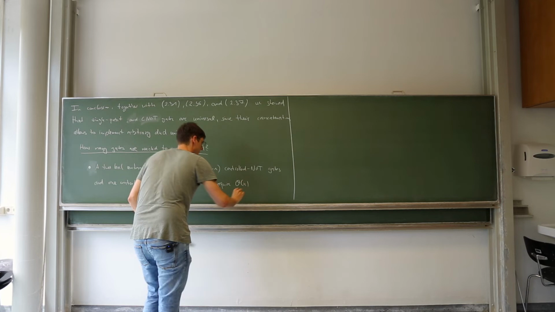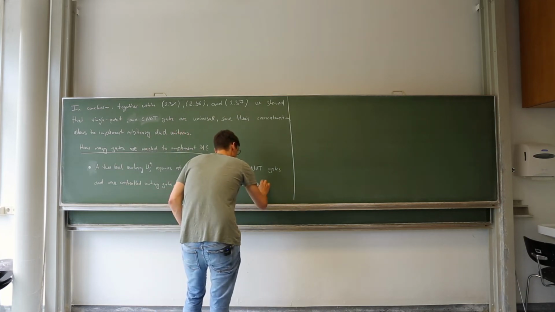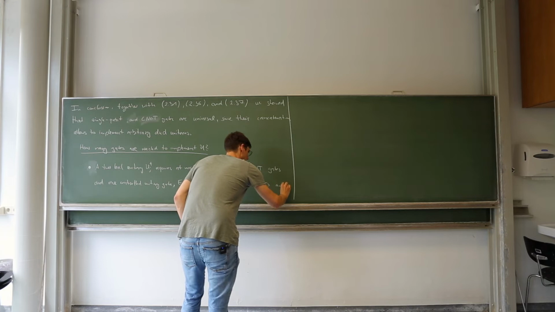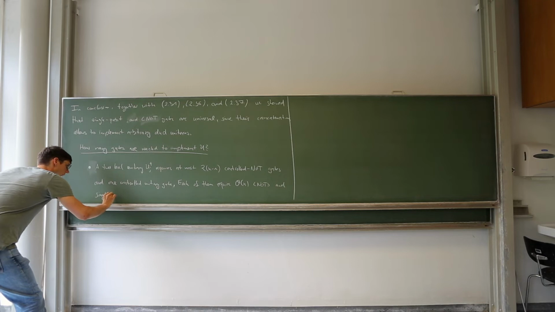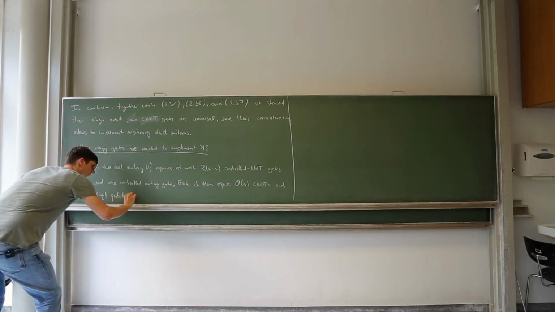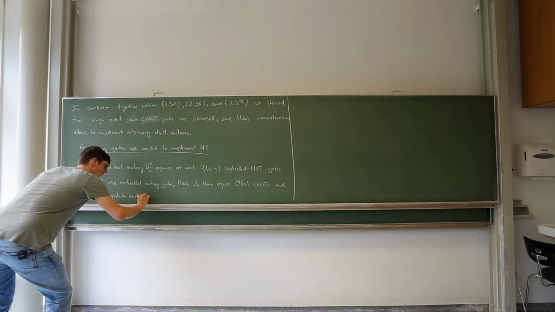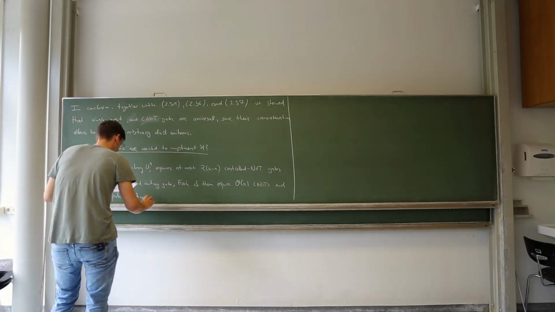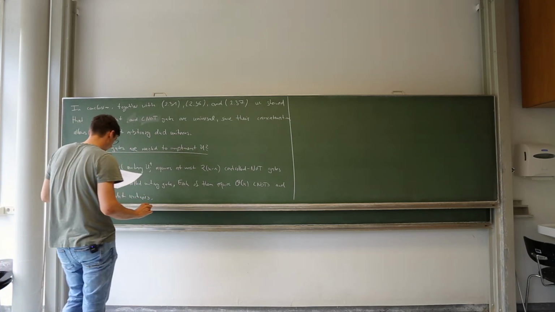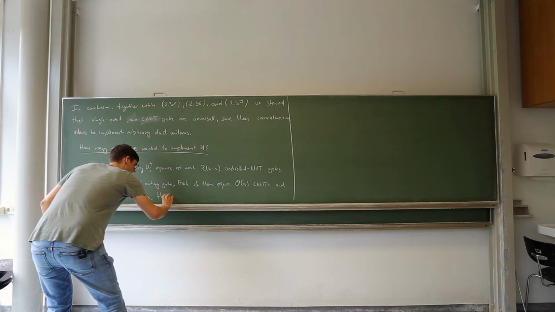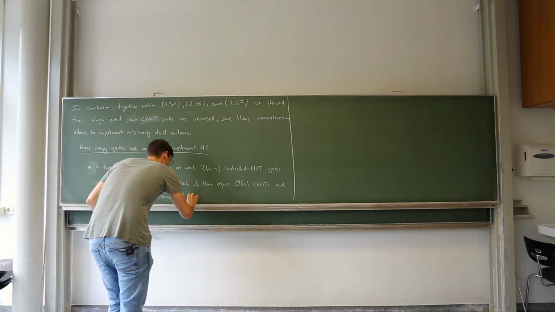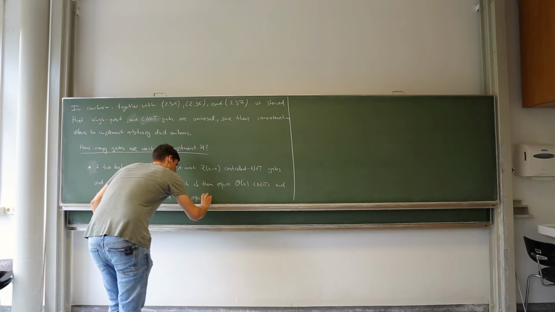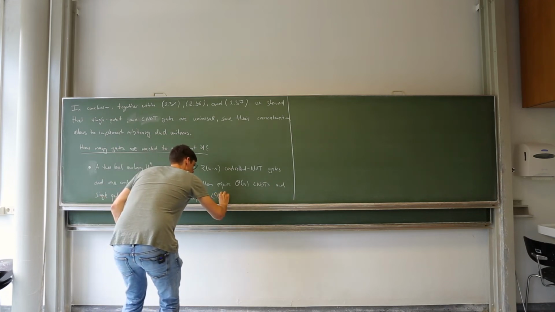Hence, U_J, so our 2-level unitary, requires O(n squared) gates.